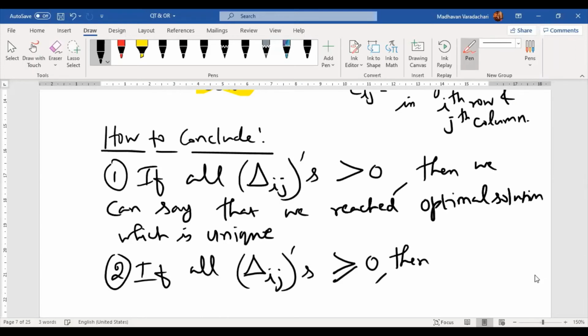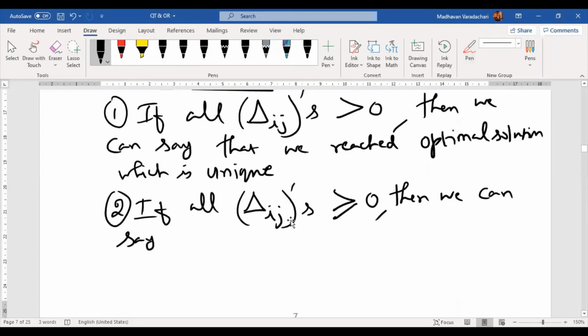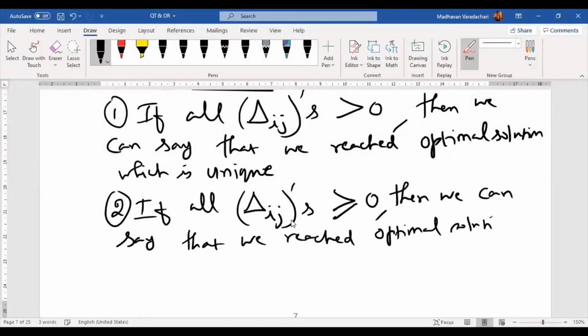Then we can say that we reached an optimal solution, but not unique. There is no single solution.